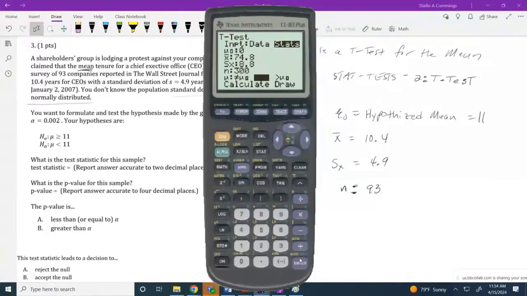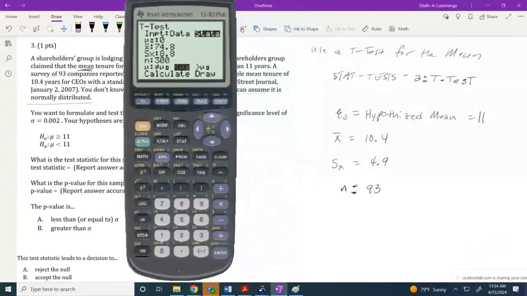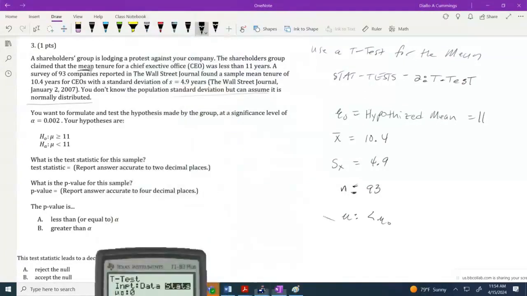So is everybody okay with that? Where do you find that? You find that right here. So that last line was mu, and we're going to use less than mu sub 0. That is from the alternative hypothesis. So never put in the one from the null hypothesis. It's always the alternative hypothesis.